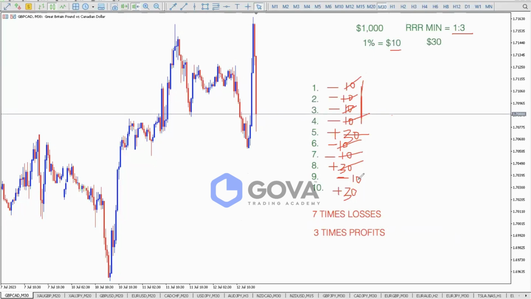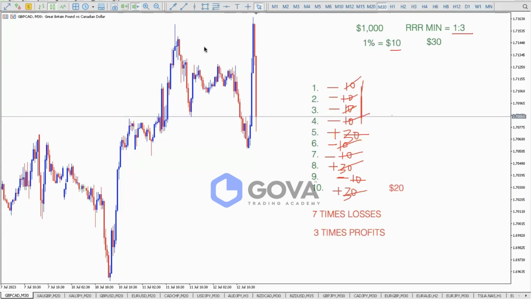So we have one $30 left, and this $30 here has erased this loss here. So how much do we have left? You can see we have $20 left. So we still have $20 profit left on this trade.